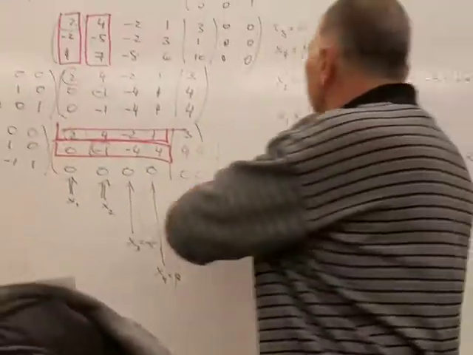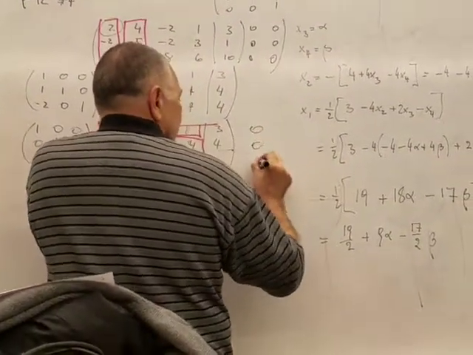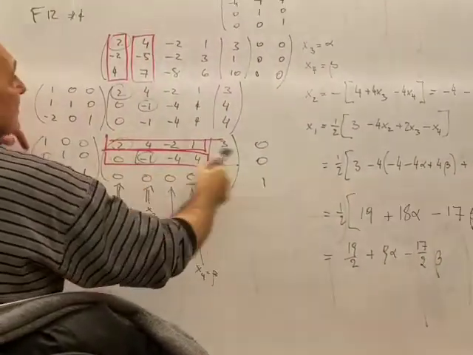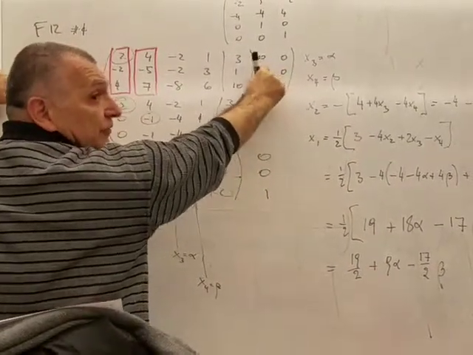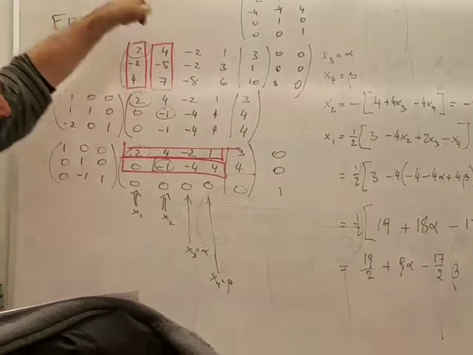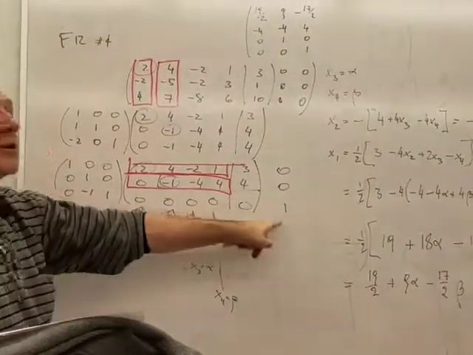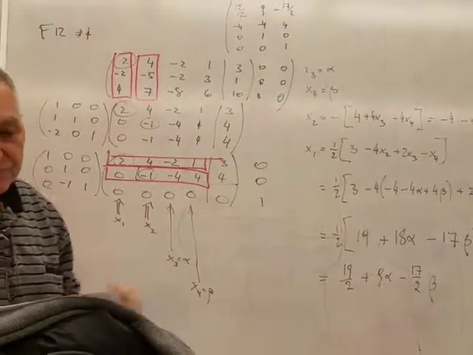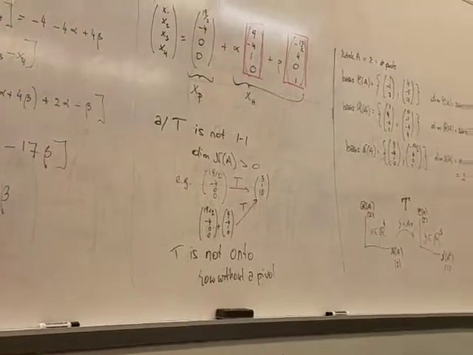If I were to start with a contradiction here, 0, 0, 1, now I can unravel what I did to go back to a starting vector over here that leads to 0, 0, 1, that leads to a contradiction. I can't reach this guy. So not 1 to 1, and not onto.